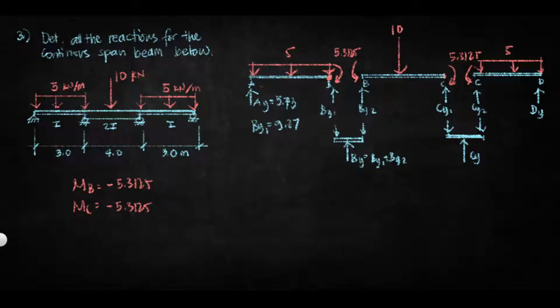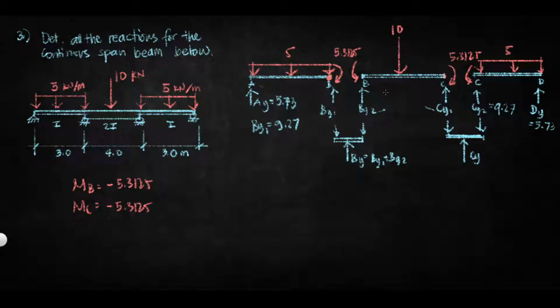Okay, so BY1 is 9.27. Okay, so dahil symmetrical ito, we can say DY is also equal to 5.73 and CY2 is equal to 9.27. So, ang problema na lang natin is yung BY2 and then CY1. Okay, so to solve that, mag-moment ka lang sa either B or C to solve any of these. So, symmetrical ito, parehas ng value ng BY2 sa CY1.